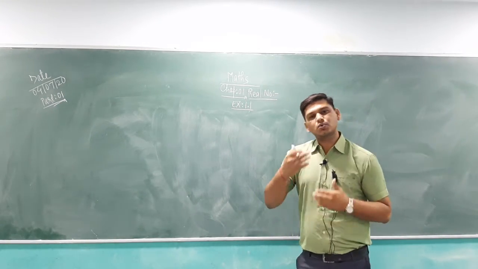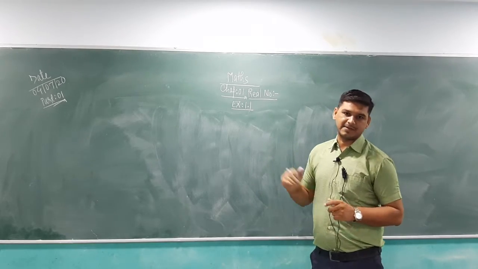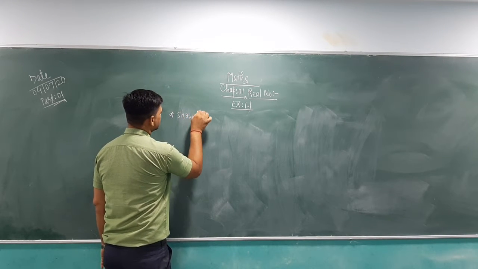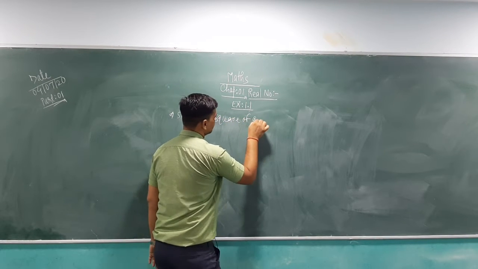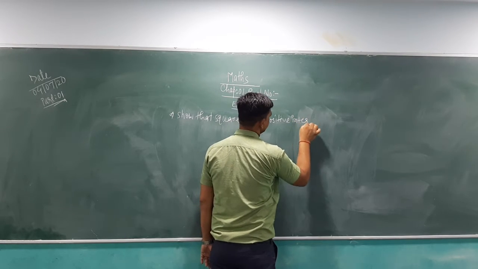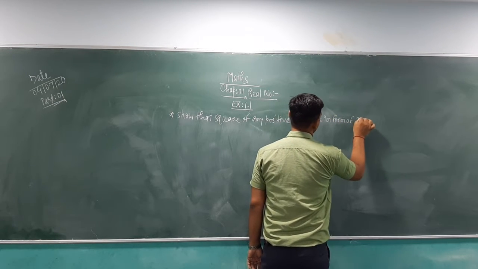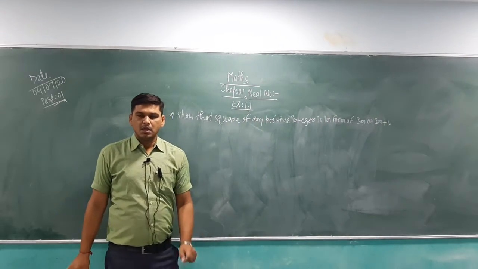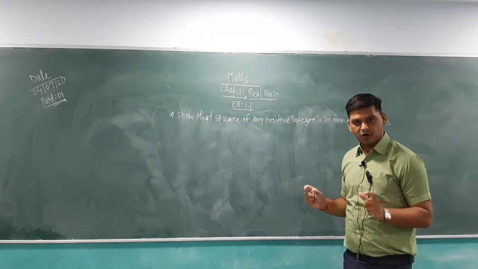So by the Euclid's division lemma algorithm, the square of any positive integer is in the form of 3m or 3m plus 1, and that is what we have to prove. How can we prove that? Let us see.